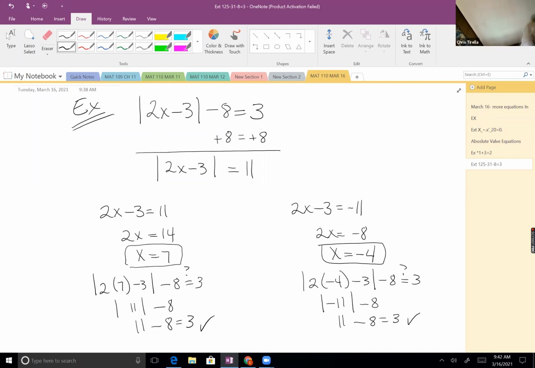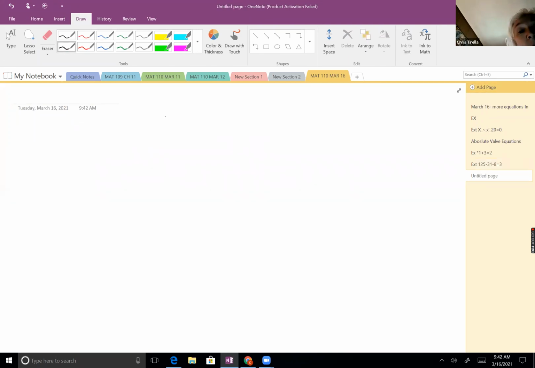If not, that's the end of the material that's covered in section 1.6. And so let's move on to section 1.7 that involves inequalities. I know that earlier on, we did look a little bit at inequalities.